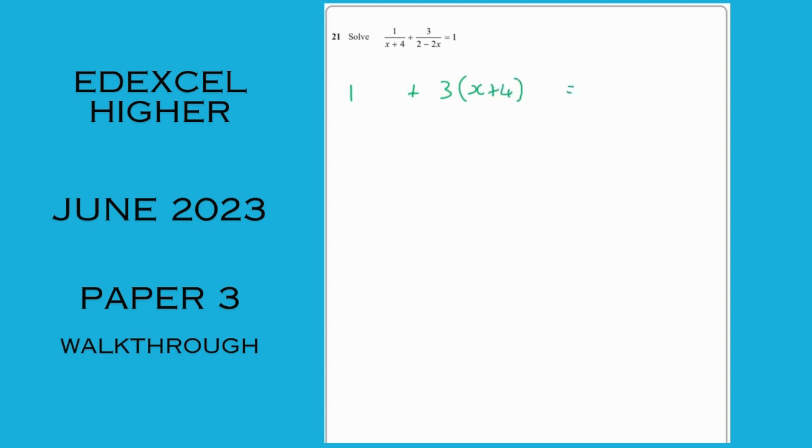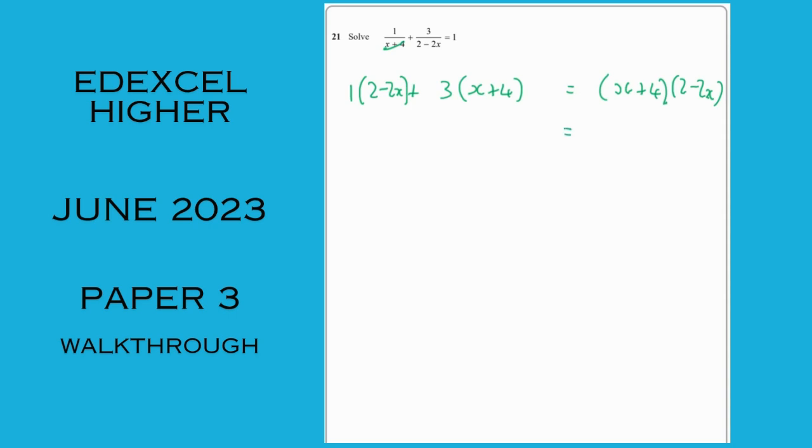And on the right hand side, 1 multiplied by x plus 4. Then that's gone. I now need to multiply through by 2 minus 2x. Doesn't need it here because it just disappears, but it is required over there.